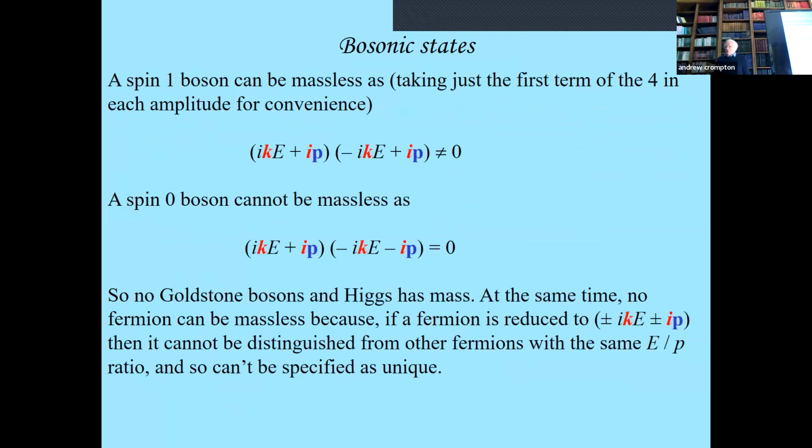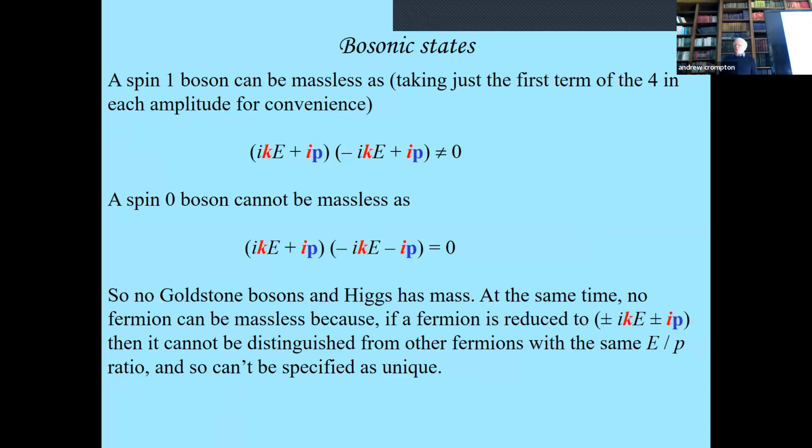Now we can see immediately that a spin 1 boson can't be massless, because if it was massless, what am I doing here? Yeah, that's right, if we do that, we would get immediate cancellation. Spins, I'm sorry, I got it wrong.